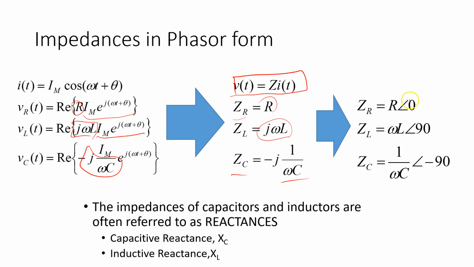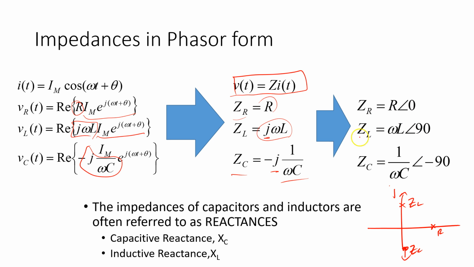And this j here, if you remember the complex plane, j is on this side. The resistor would be here, R. The inductor would be here, ZL. And the capacitor would be somewhere down here, ZC.